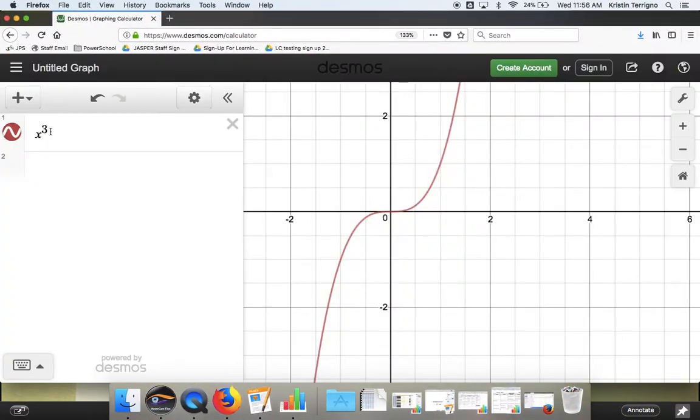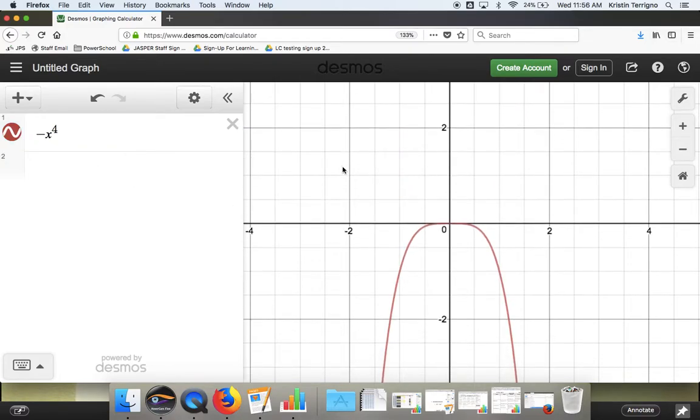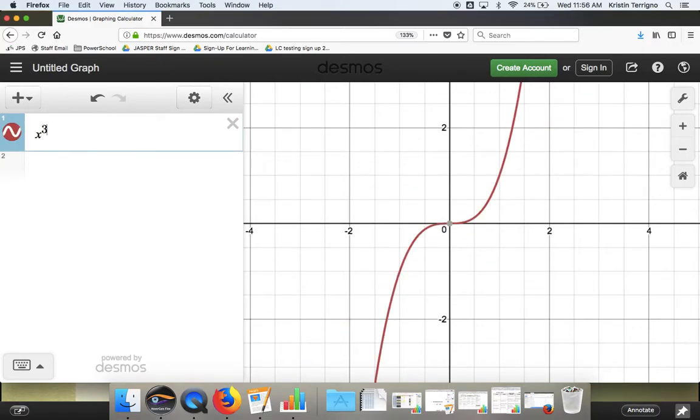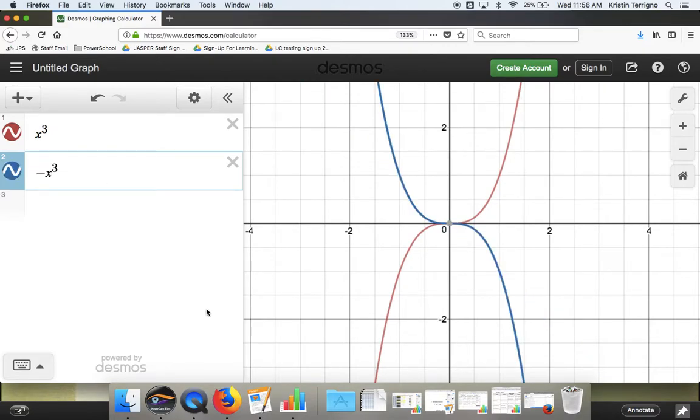Let's go to x to the 4th, just so we're not always looking at x squared. Here's x to the 4th. If I throw a negative in front of x to the 4th, watch what happens. Boom. It flips over. That shouldn't be too earth-shattering because we've done that with parabolas, and with a lot of different graphs. Back in Chapter 2, when we did all the parent functions, we talked about how negative signs flip things over. If I took x to the power of 3 and did a negative version of that, negative x to the power of 3, notice it flips as well.